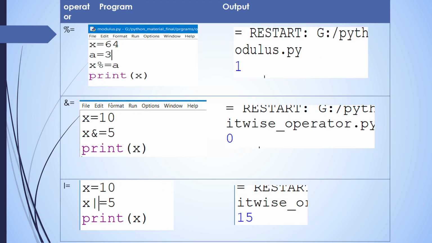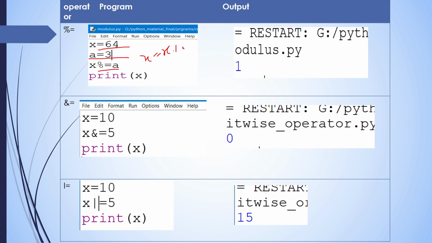Modulus assignment operator. In the modulus assignment operator, x is equals to 64, a is equals to 3, x modulus equals to a. That means the expression is like this: x is equals to x modulus a.